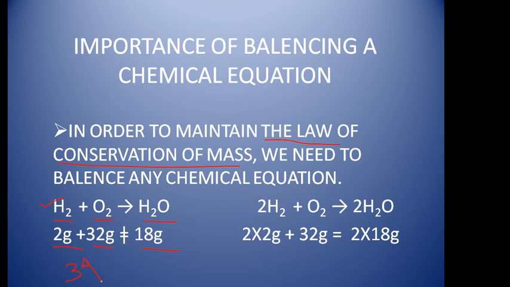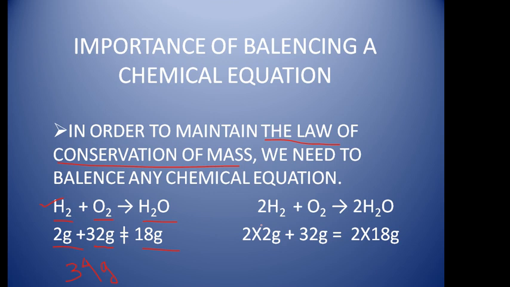Here it is 34 gram, which is not at all equal with this H2O, that is 18 gram. So the mass is destroyed, which is not possible. Never. Law of conservation of mass is always followed. So this type of reaction can never take place.